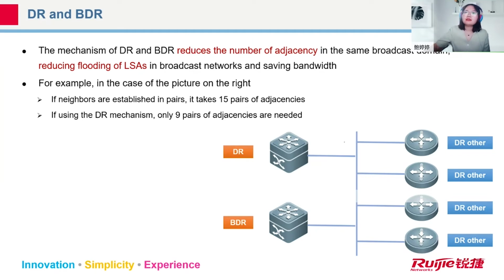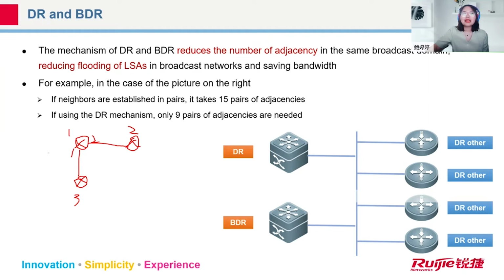And pay attention, DR and BDR are selected based on the interface. What does it mean, based on the interface? If there are router 1, router 2, and router 3, maybe about router 1, the first interface will be DR in this link, but the second interface maybe will become BDR in that link.